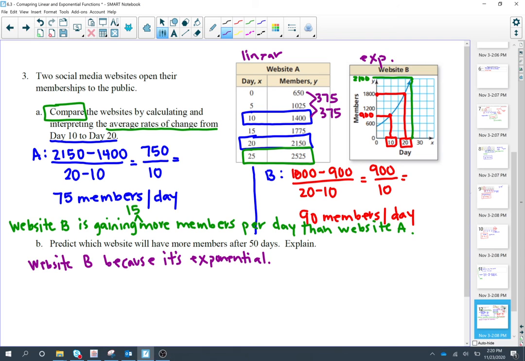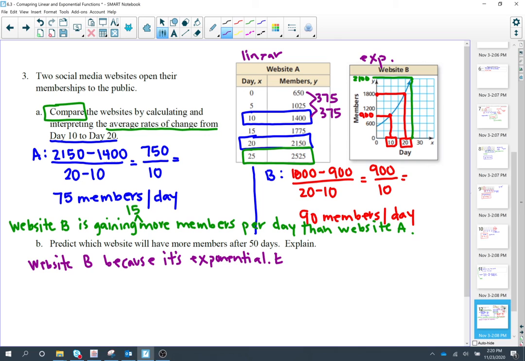Exponential growth goes faster and faster. Linear growth is just going to go up by 375, and then 375, and then 375. So this one is not really going up by that many members per day, whereas this one just keeps getting faster and faster. So, predict which website will have more members after 50 days: website B because it's exponential.